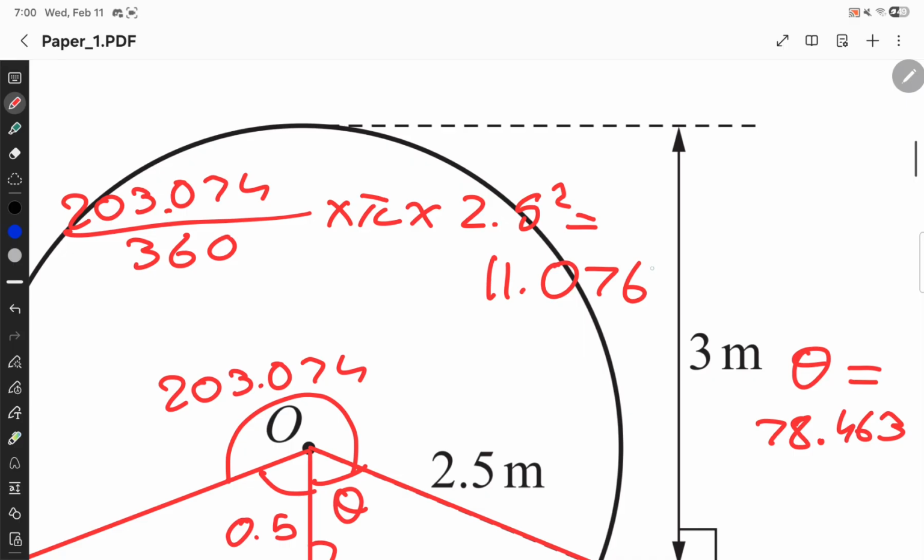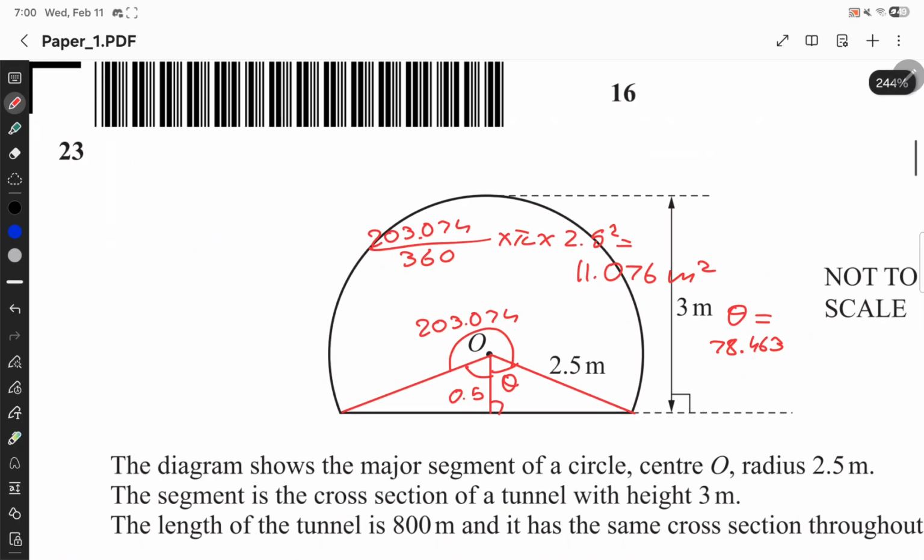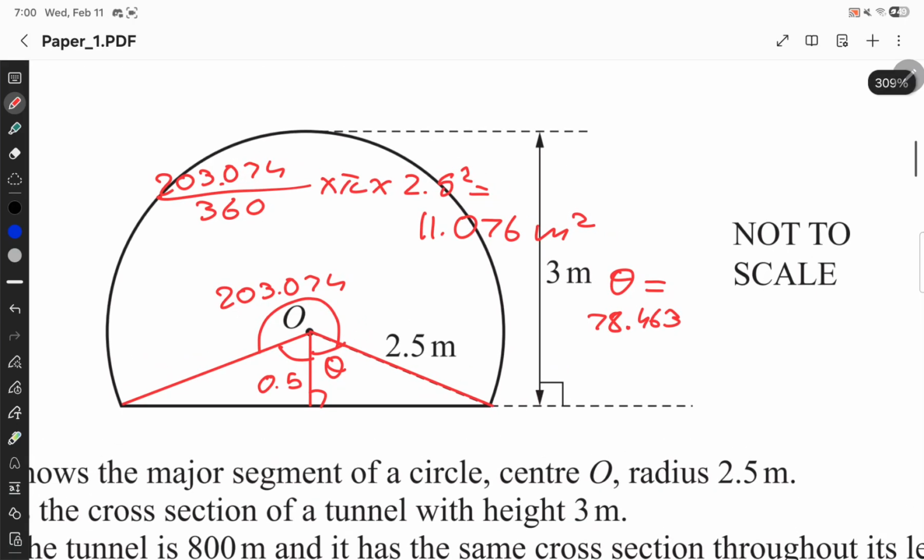Yes, 11.076 meters squared. Okay, perfect. This is the area of the sector. Okay, so we can have this over here.